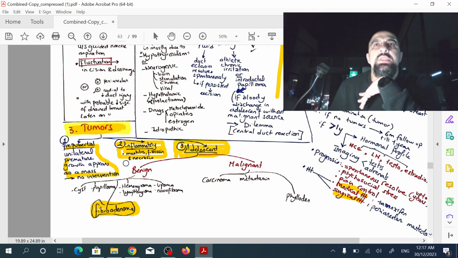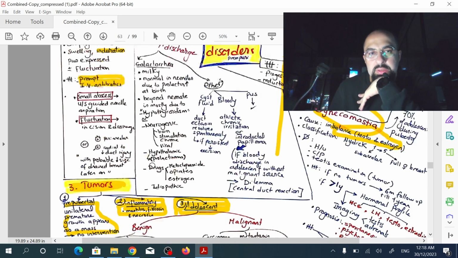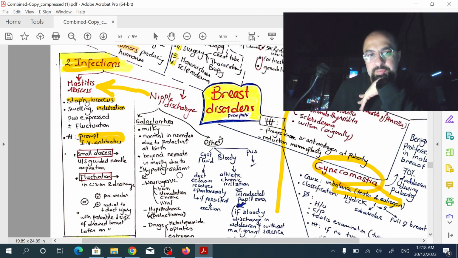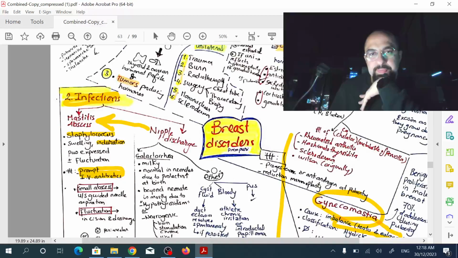Second is neonatal mastitis, which occurs on top of Staphylococcus aureus infection of neonatal gynecomastia or galactorrhea, and how to deal with either a small abscess or a large abscess, by ultrasound-guided aspiration or incision and drainage. The incision may be periareolar or radial, and the radial of course has less duct injury.